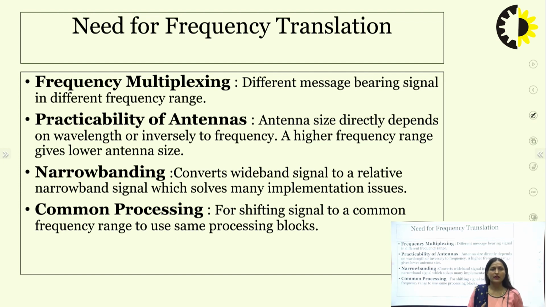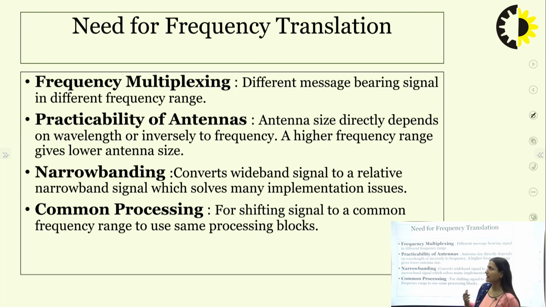And if there are a number of informations we want to transmit on a single channel, and all the informations lie in the same spectral range, so what to do? We can use frequency multiplication. Okay, so frequency multiplication is one of the requirements for frequency translation.